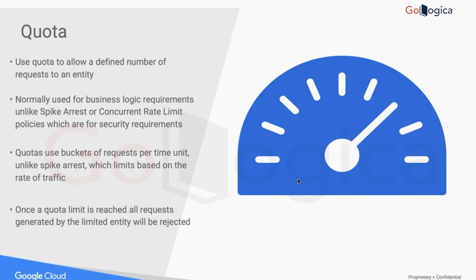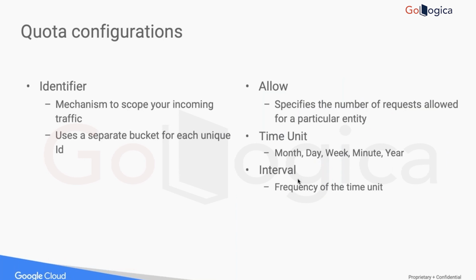so quota will make sure that the limit which you have set has to be enforced. In quota, you specify an identifier, which is obviously a unique identifier. Usually we give the identifier as the client ID, because quotas are applied to certain applications, and applications can be identified using client ID. So in the identifier, we mostly provide the reference to the client ID.